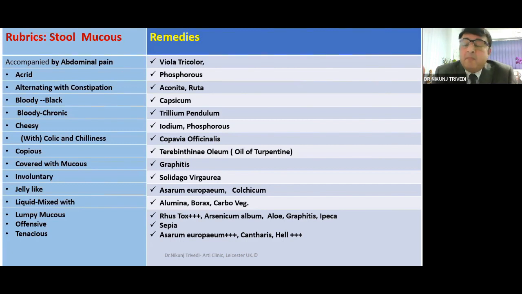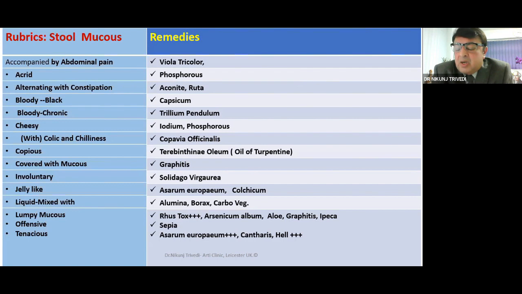Mucus with bloody, chronic, 2 years, 3 years, 4 years, like chronicity: Trillium pendulum. With colic and chilliness: Copaiva. Copious, terebinthina, covered with mucus: Graphites. Graphites is a very good remedy for ulcerative colitis, mucus colitis.